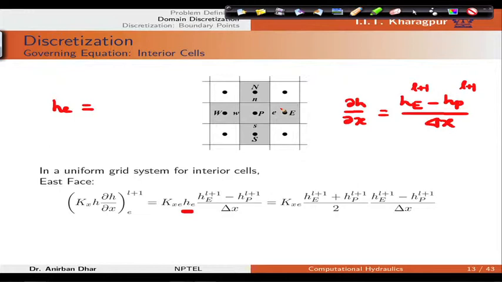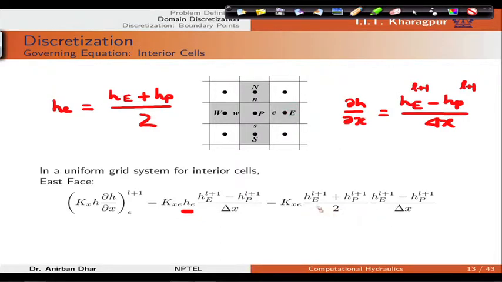Now, how to calculate this h value at the face? So, what is the ready-made approximation? Ready-made approximation is that we can consider h e equal to h E plus h P by 2, that means the average value between this P and E cell can be considered as our face value for the east face.